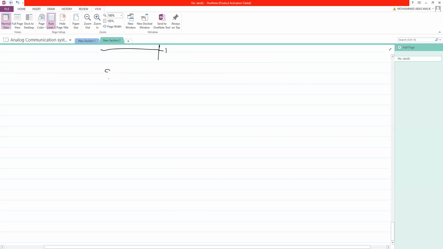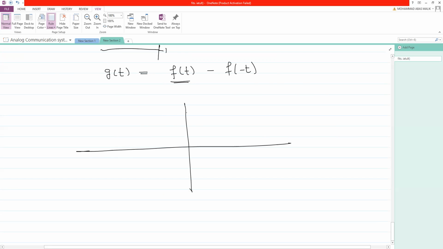We have one signal, g of t, equal to f of t minus f of minus t, and this f of t is e raised to the power minus at, u of t.